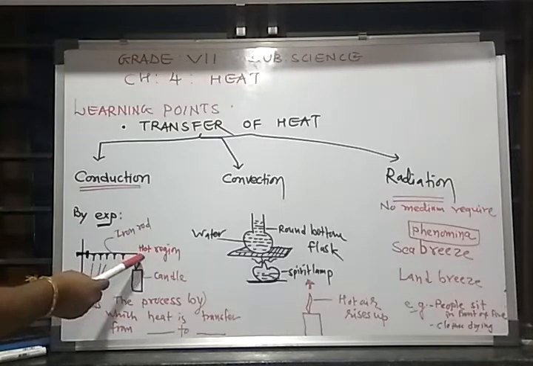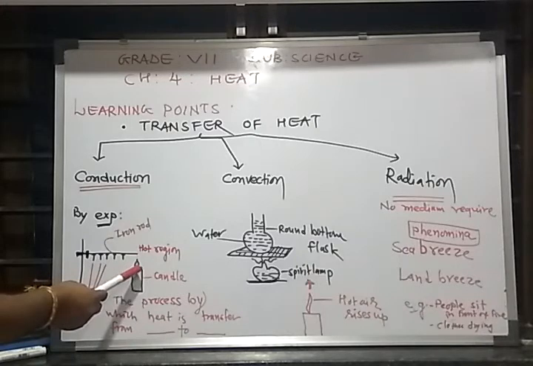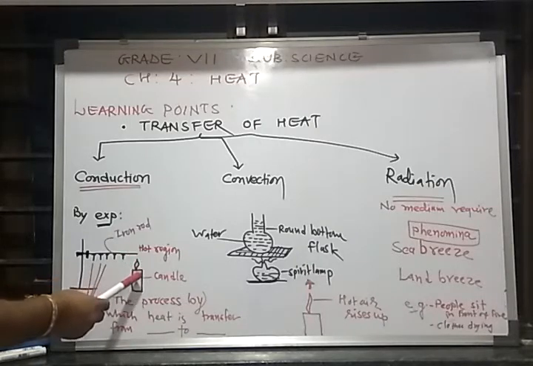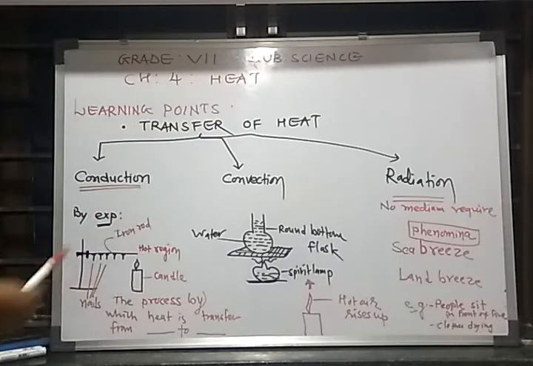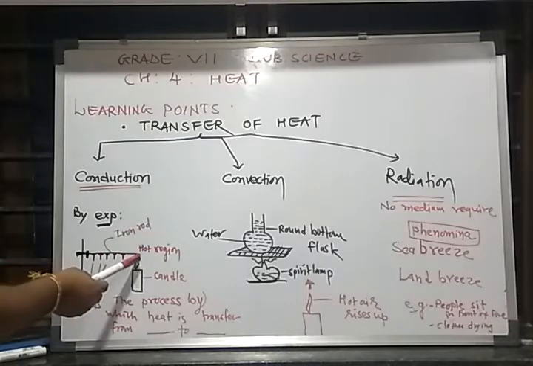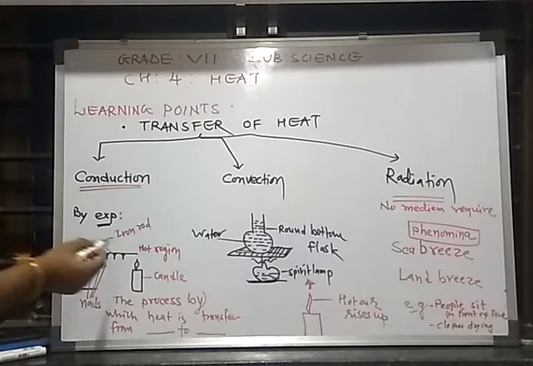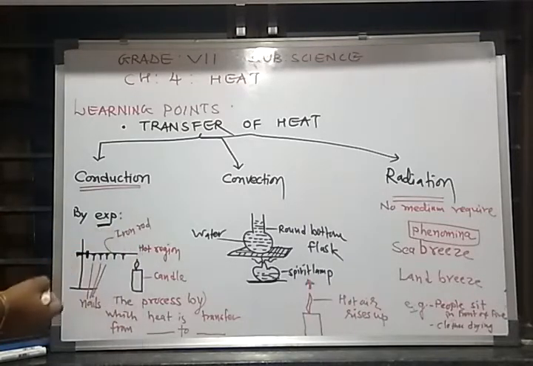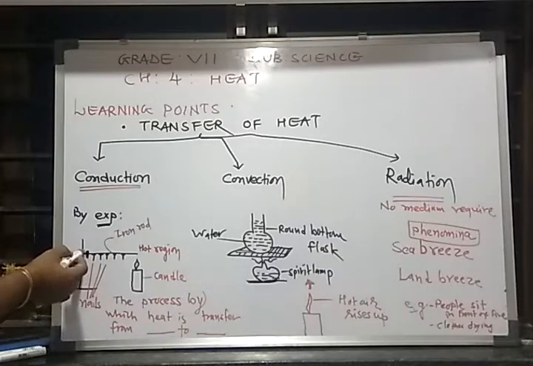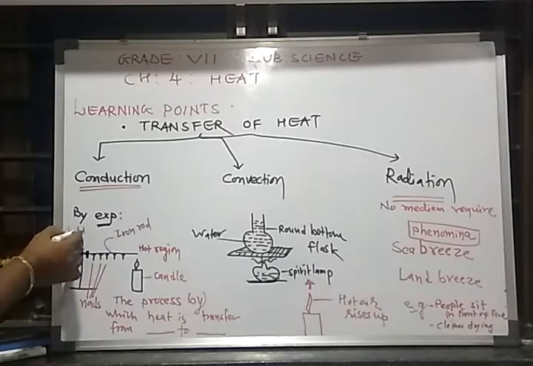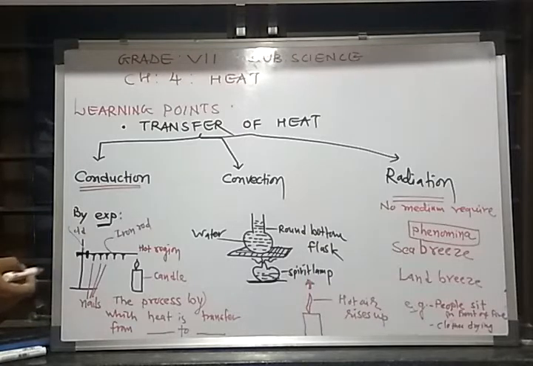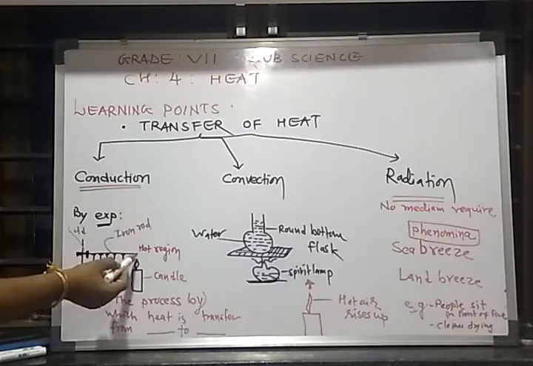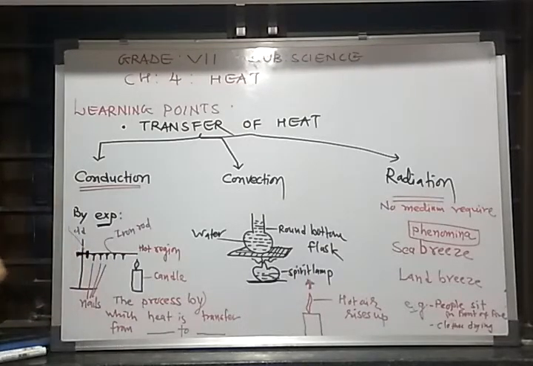Here the heat, once this candle starts to burn, this region becomes hot and this is your cold region. So heat is transferred from hot region to cold region. How can you say that? Why not cold to hot?